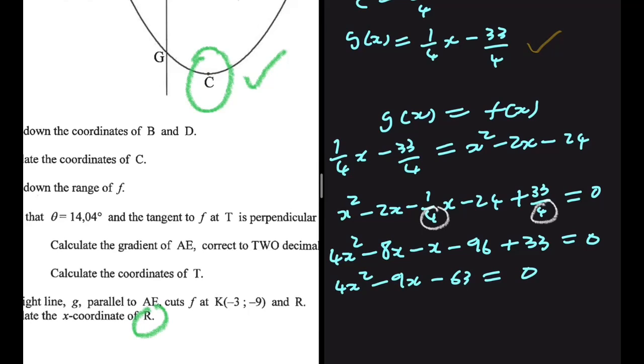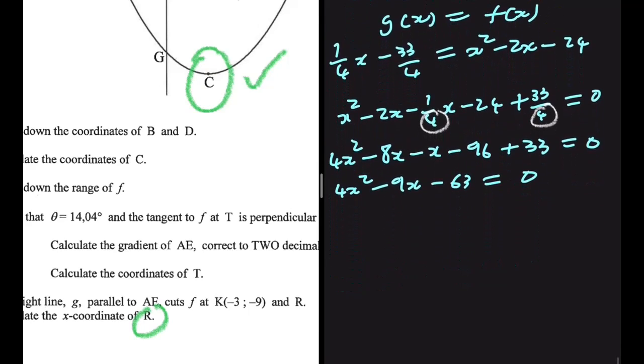So now it is just a matter of factorizing. You can use the quadratic formula because of this coefficient of 4. It becomes really hard to factorize in your head without the aid of a calculator. So if we factorize anyway, we shall get 4x minus 21 multiplied by x plus 3 being equal to 0.